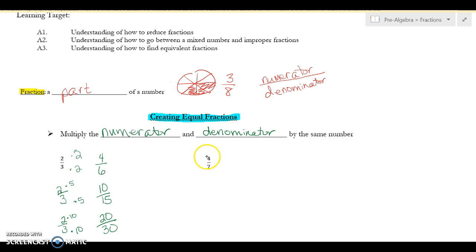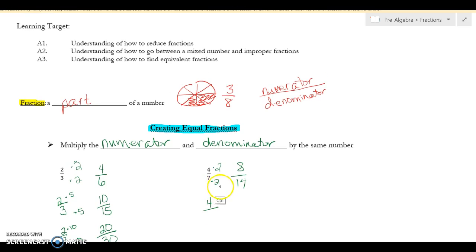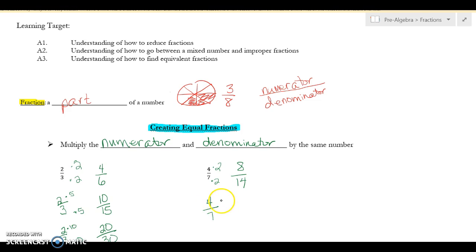So now let's look at the next one on the right, 4/7. Again, I'm going to start with an easy one, maybe multiply by 2. So 4 times 2 is 8, over 7 times 2 is 14. And again, to find another one, just to stay organized, sometimes it's easier to write it down below. And so now I'm going to multiply by 10, because 10 I like. 4 times 10 is 40, and 7 times 10 is 70.